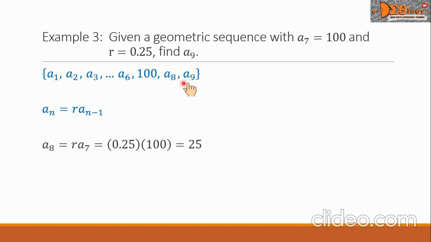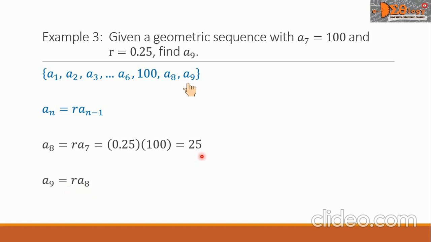Next is the a sub 9. With respect to our recursive formula, a sub 9 equals r times a sub 9 minus 1. And this is a sub 8. This a sub 8 is the value 25 in here.